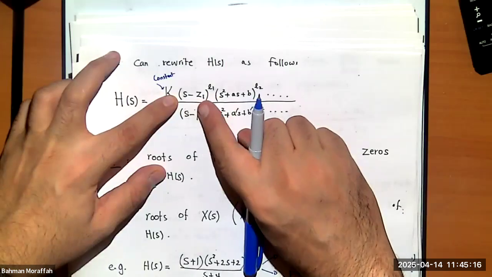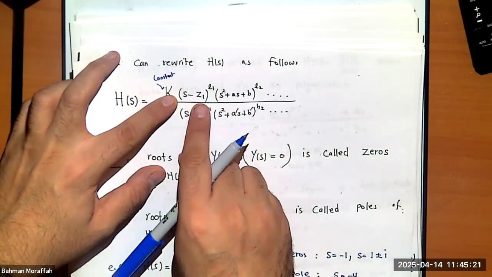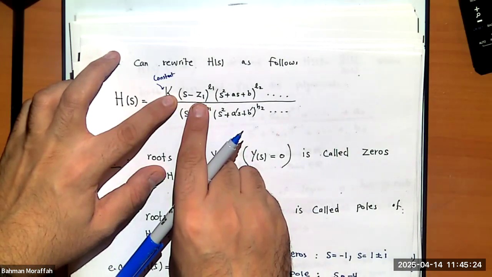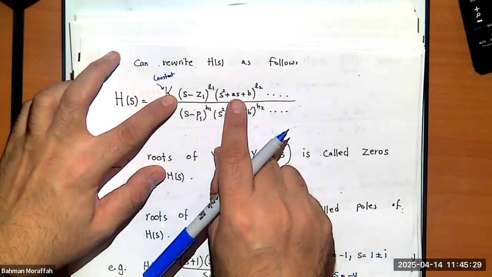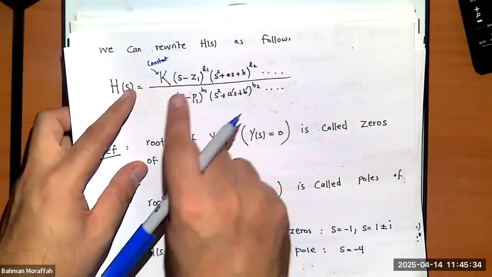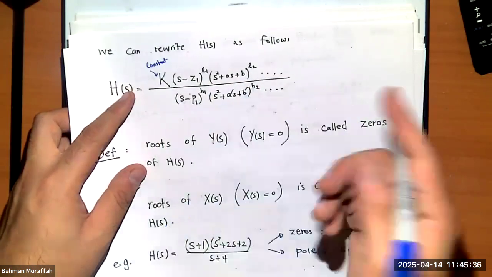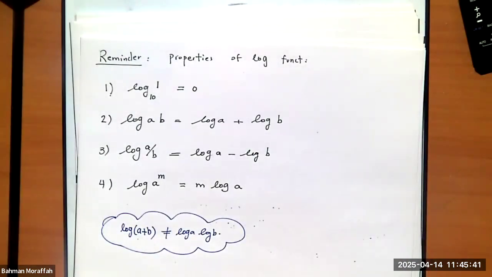I know log of s minus z1 to the power of L1, which is L1 times log of this term. I can say the same thing about this, and these two things are added because of property 2. And then I have the whole thing divided by this term, so it's just subtraction. So it's pretty good. It's not a bad idea to take a look at this when you're computing the magnitude.